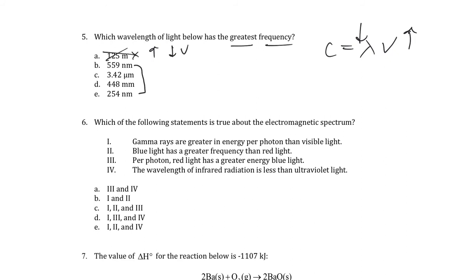So it's not going to be the meters. Same with the micrometers and the millimeters. It's going to be the nanometers that is the smallest possible wavelength. So 254 nanometers is smaller. Now we could solve for all the frequencies for these values and compare. The key is that all of these wavelengths of light travel at the same speed of light. So if you want the photon with the greatest frequency, you need to have the smallest lambda.